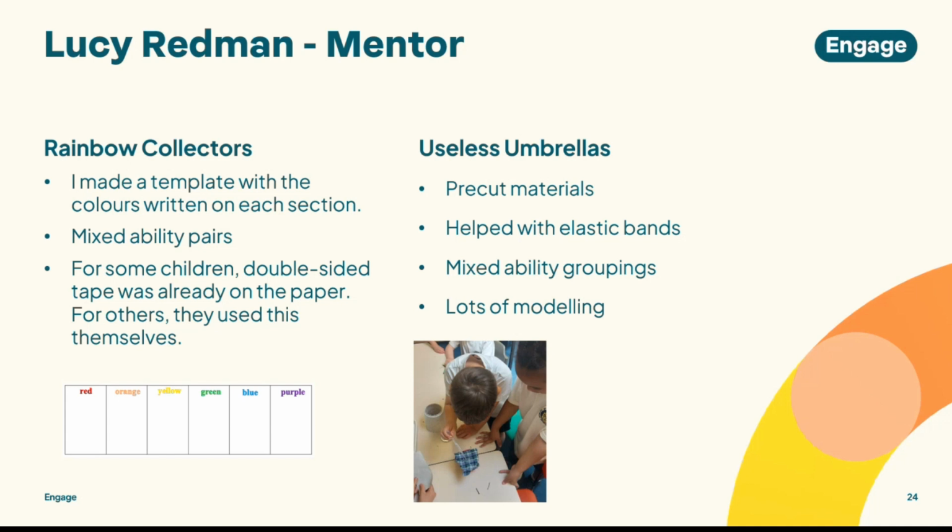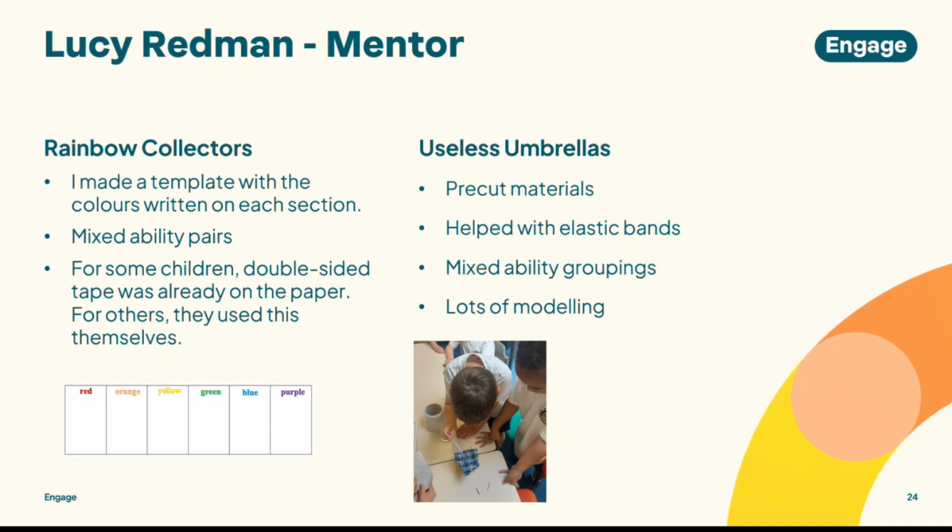It can just be that they stick the colours of the rainbow. She made sure that the children had the colours written in the colour on that piece so they could stick it in. They worked in mixed ability pairs, and some of them had double-sided sticky tape already on there. Some of them were able to add it for themselves. So just very simple ways of adapting it, but they're still all able to do the same activity.